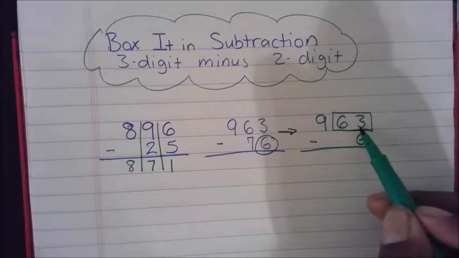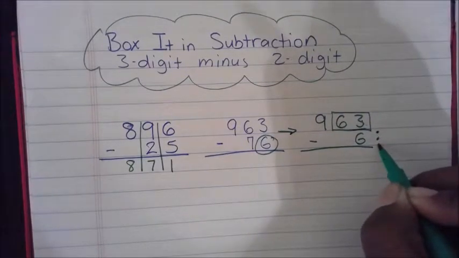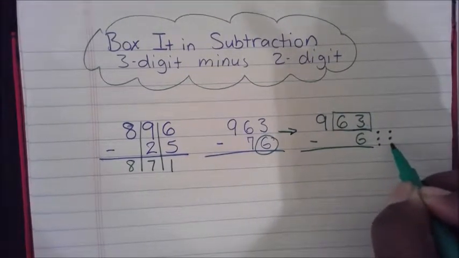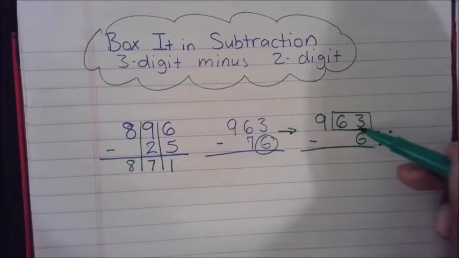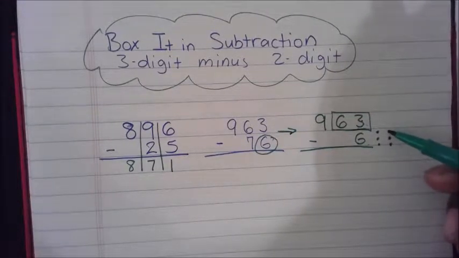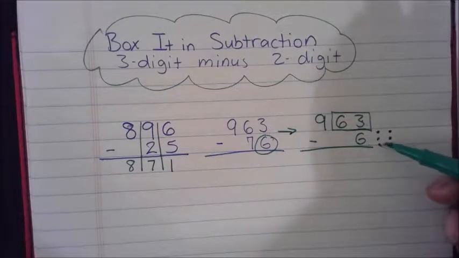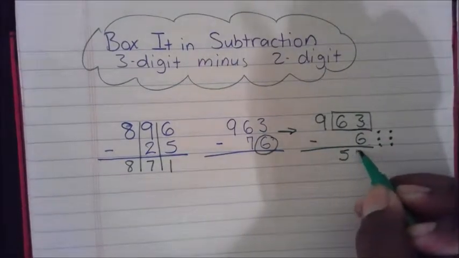Now we can do 63 minus 6. And again, if my students need it, I tell them to make their dots out here so they can count backwards, which sometimes can be a hard task. And then you can count back from 63, 62, 61, 60, 59, 58, 57. So that would leave us with 57 here.